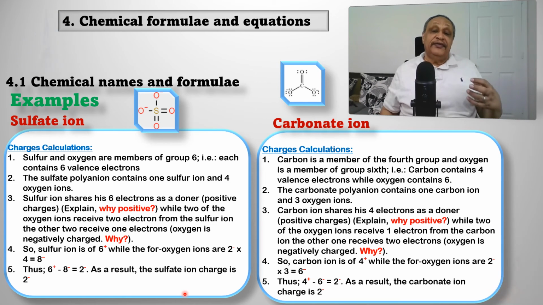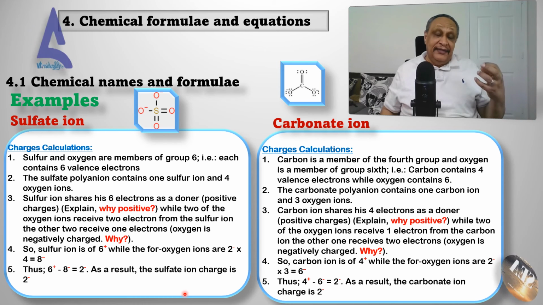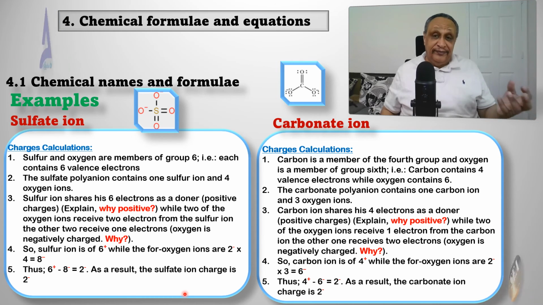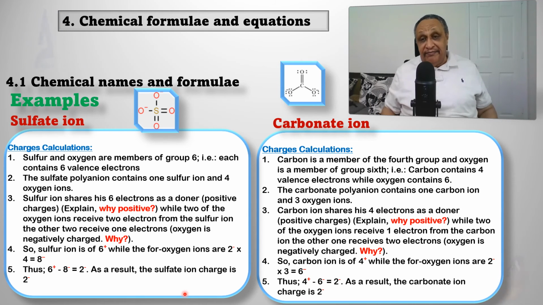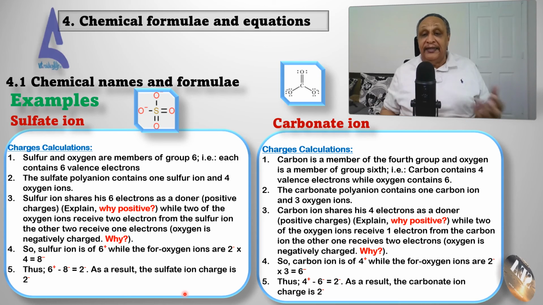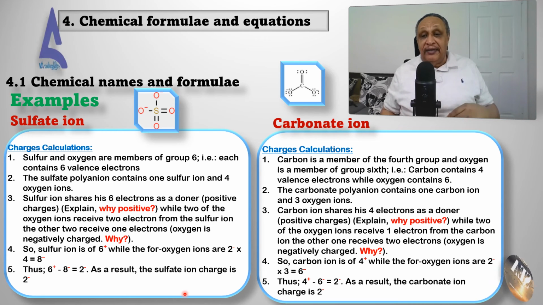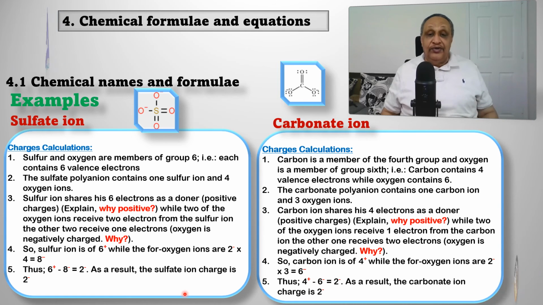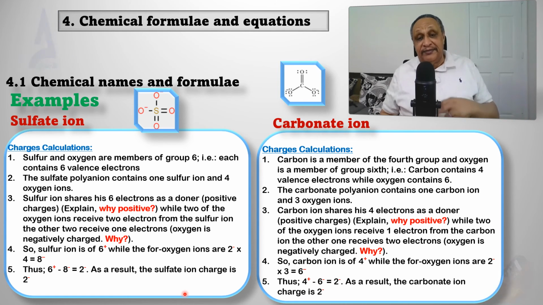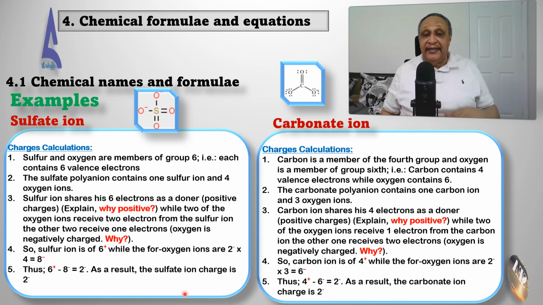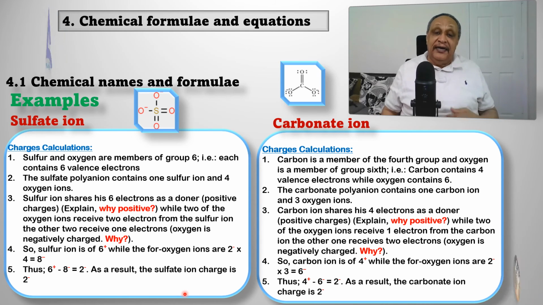So here still carbon is positively charged, while the oxygen is negatively charged. And then when we multiply each one, the carbon ion is 4 plus, while the oxygen ions are 2 multiplied by 3, which equals minus 6. So 4 plus minus 6 equals 2 minus. As a result, the carbonate ion charge is minus 2.